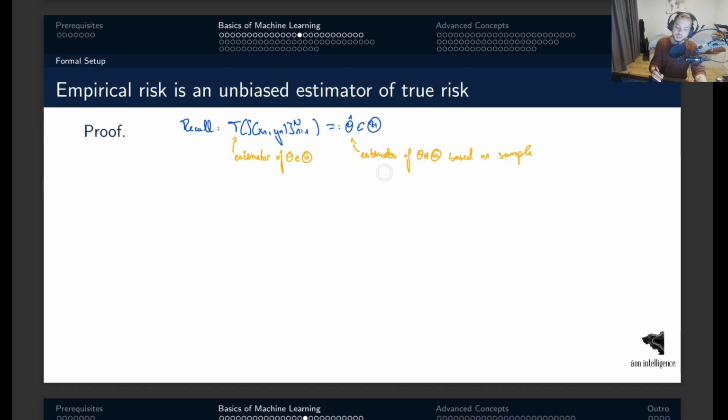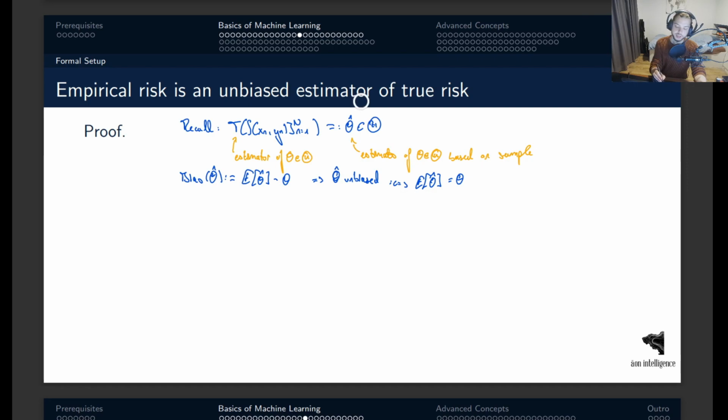So this is just the difference between an estimate and the estimator. And again, we want to prove that the empirical risk is an unbiased estimator of the true risk. So we've now clarified the estimator part, but what does unbiased mean?